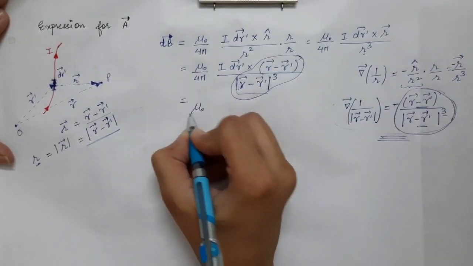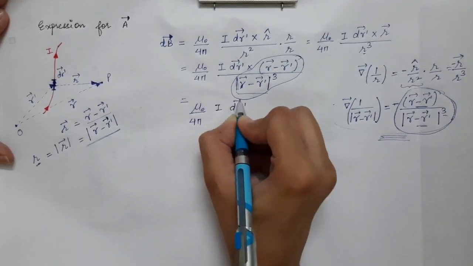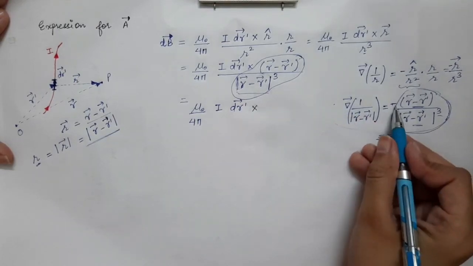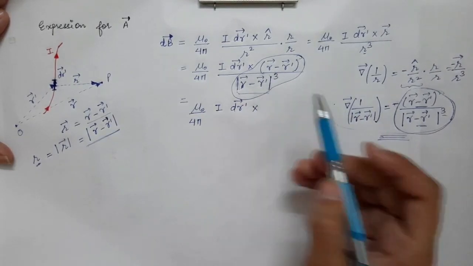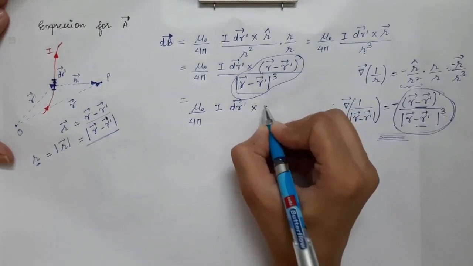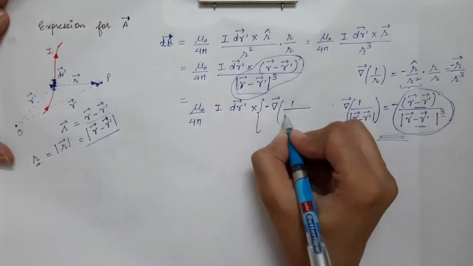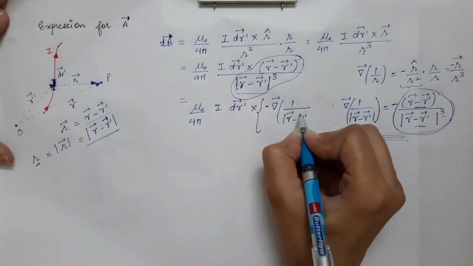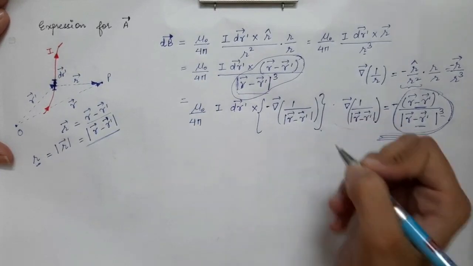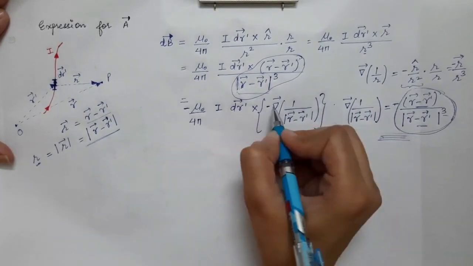So that will be equal to mu naught divided by 4 pi I times dr prime vector, then cross product with, so instead of this fraction I am writing the negative of the gradient of this factor. So that will be the negative of the gradient of 1 by this fraction. So this negative sign can be taken outside. So I can write it over here.